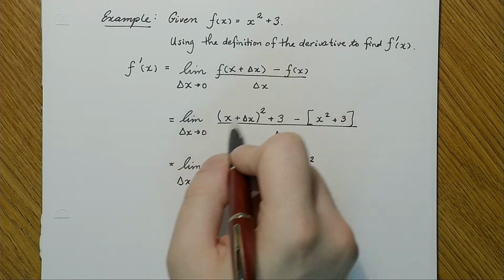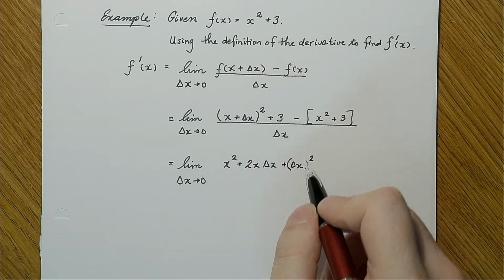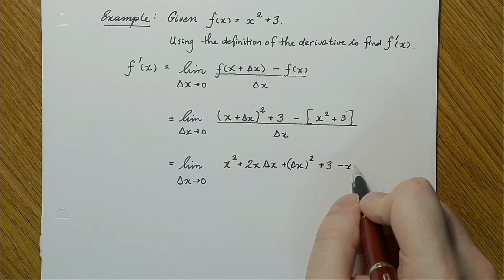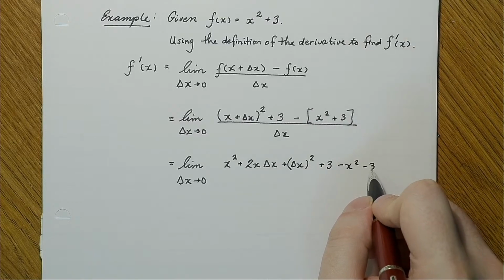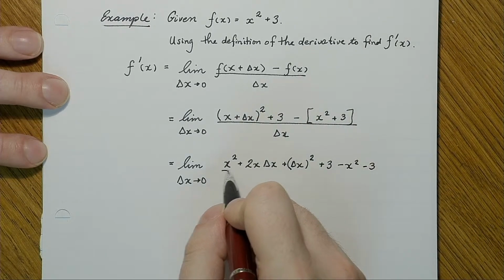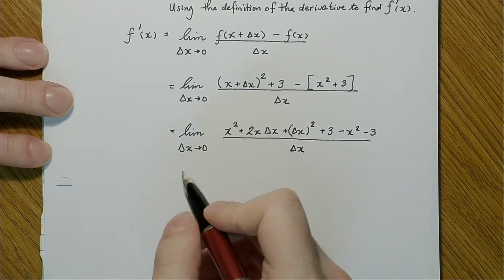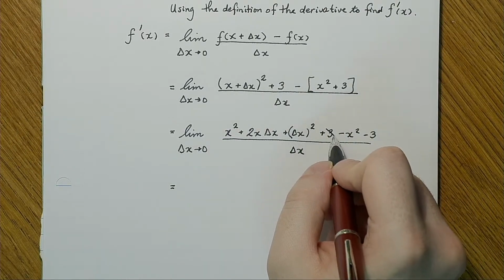What we're doing here is, in this step, we've substituted, and in this step I'm just expanding. So I'm still just doing algebraic manipulations. I'm just distributing that negative. So I have a 3 and a minus 3.